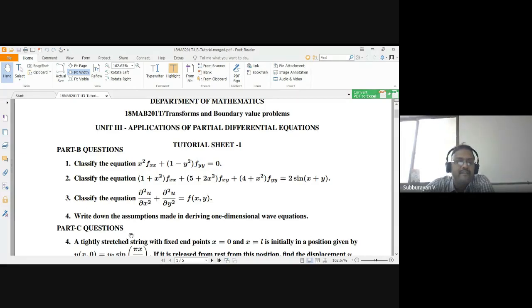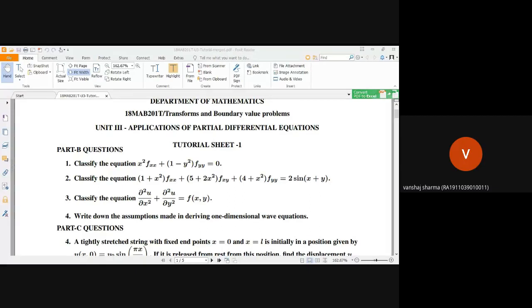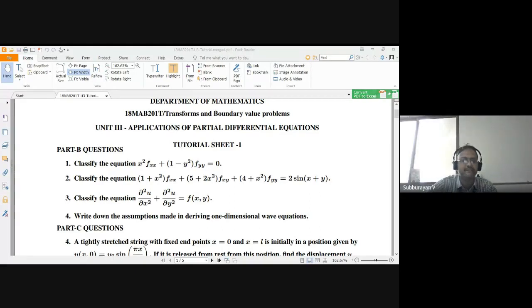Question number 3. This is a very famous equation. Equation 3 is called the Poisson equation.